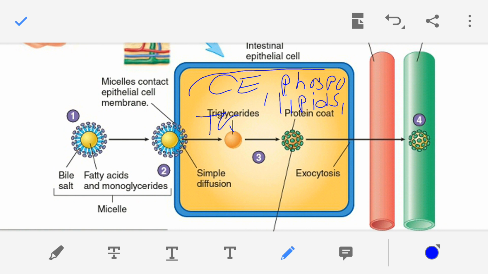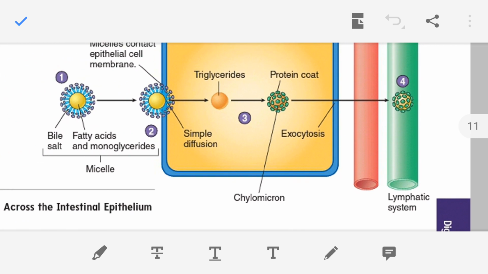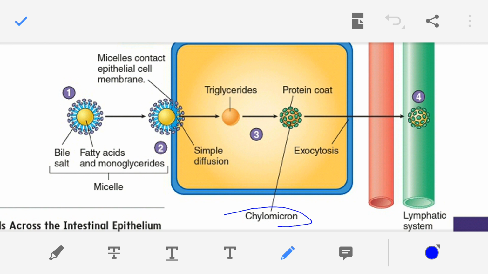So this newly synthesized lipid is covered by apoprotein, and the particle or structure that is formed is known as the chylomicron. This chylomicron then enters into the Golgi body for packaging. Then from the Golgi body, the secretory vesicles are released.